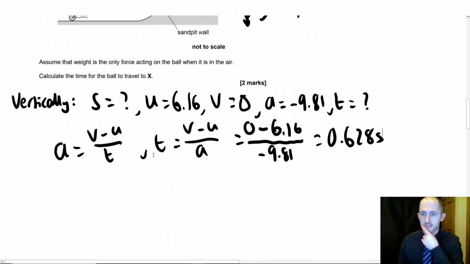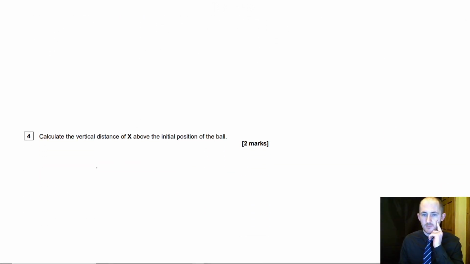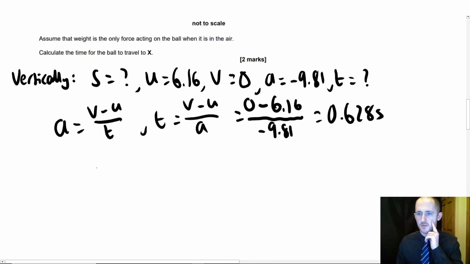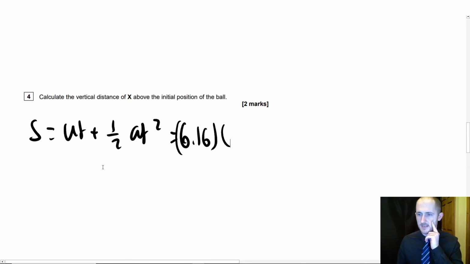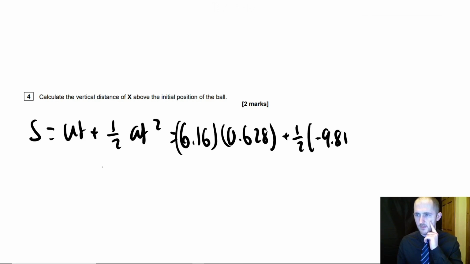So now we're just using our same suvat, but for s. So we can use anything we want because we have everything but s. So the most obvious one would be s equals ut plus half at squared. So u was 6.16. Again, always using brackets. T is 0.628 plus half minus 9.81, 0.628 squared.